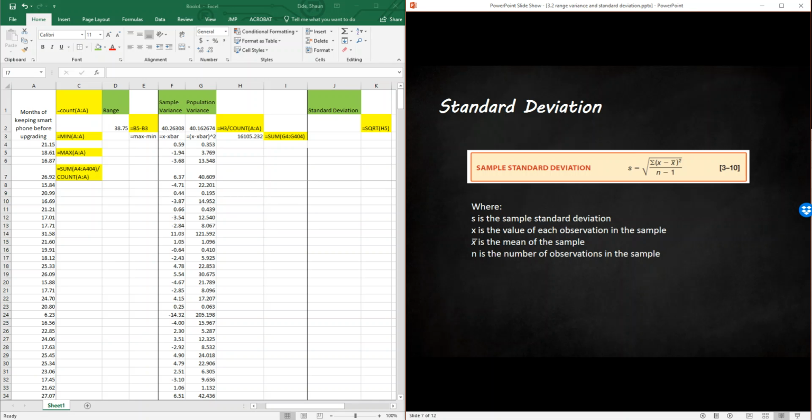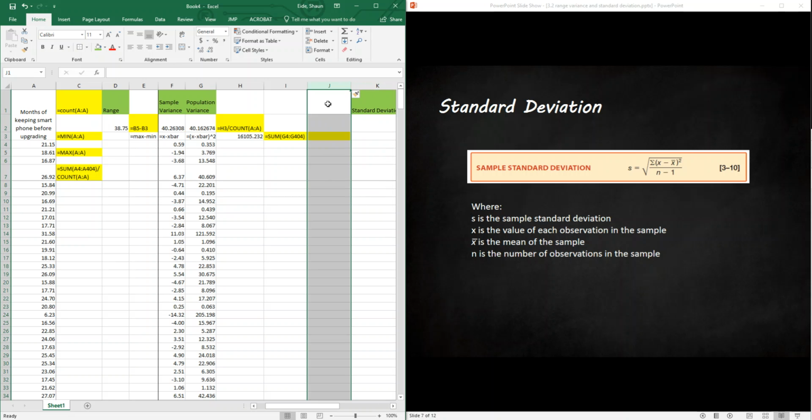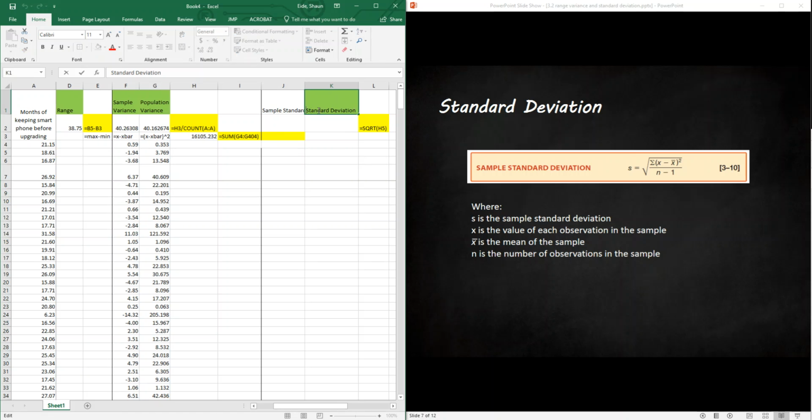Okay, so that's what the sample standard deviation is. The standard deviation literally means this is the average amount that an observation deviates from the mean. Okay, the average amount that an observation deviates from the mean. So the standard deviation is the square root of the variance. Here, let's do this. Insert sample standard deviation and then population.